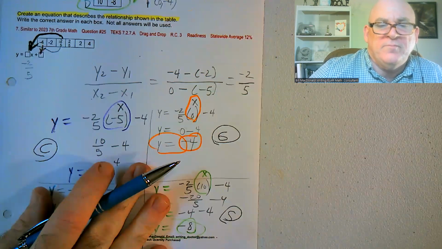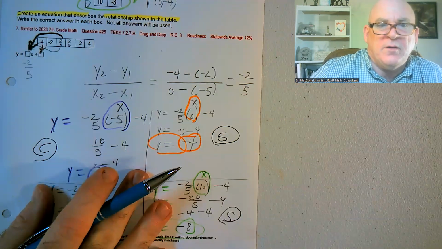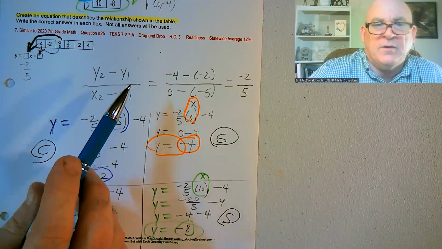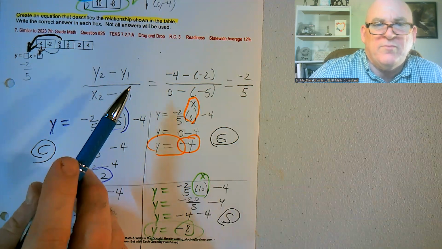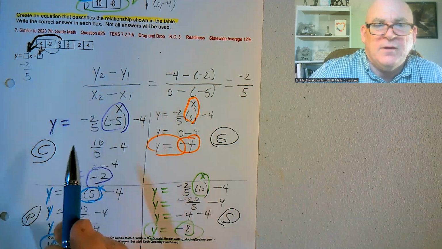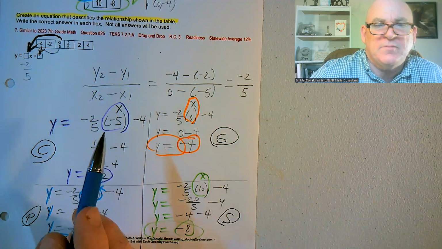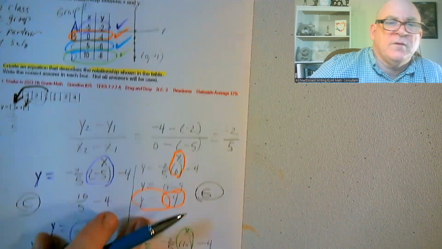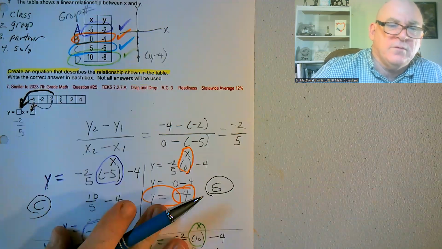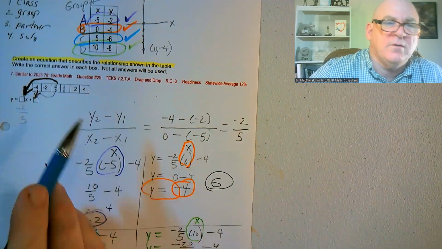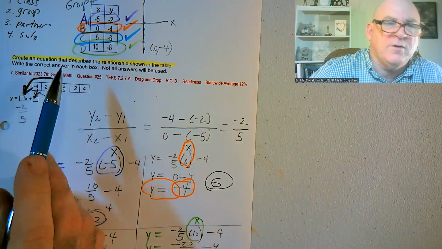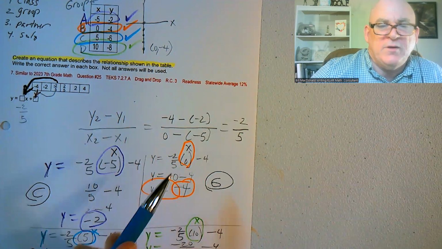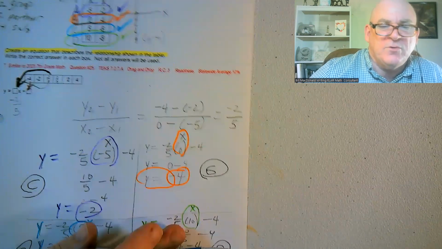So I think that the hardest part might be that they would have to remember the rise over run formula and the y equals mx plus b to be able to figure out the relationship, the linear equation that's going to work out here, to make sure, and we just check all 4 to make sure.